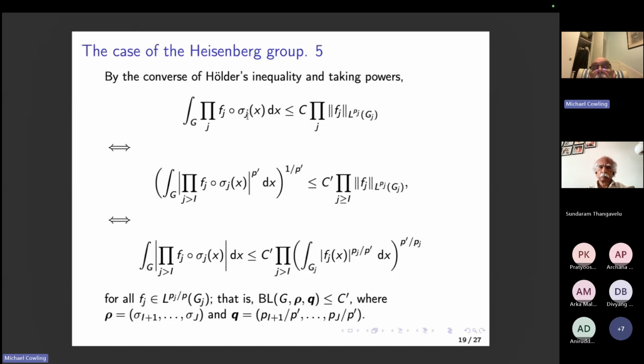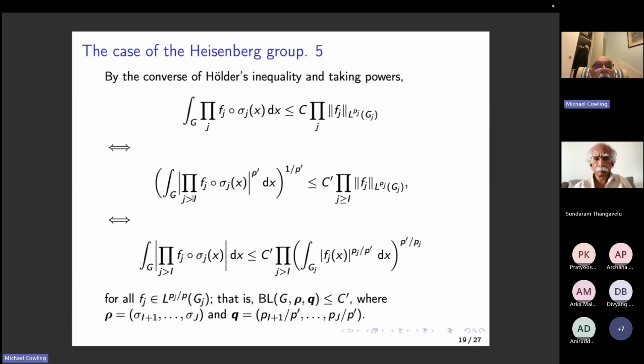So the Brascamp-Lieb inequality for the whole group, for all of the j's, is equivalent to saying that since when I take the product for j less than or equal to I, I get something that's in little L^p, then the product of all of the other functions has to be in the conjugate space, which I'll call L^p prime.